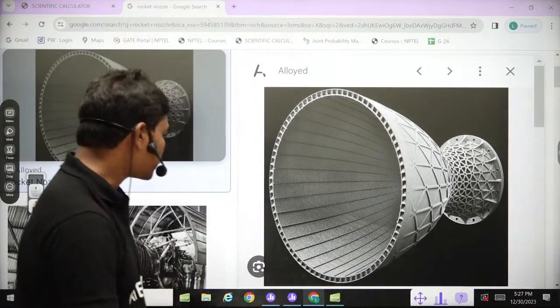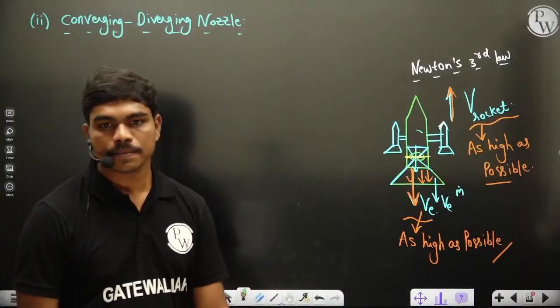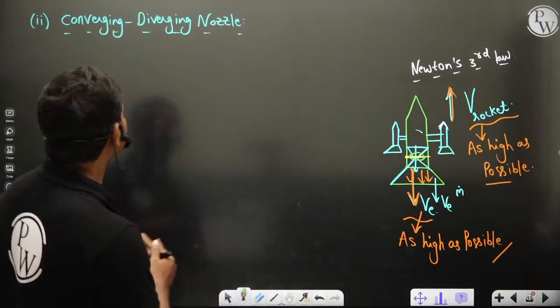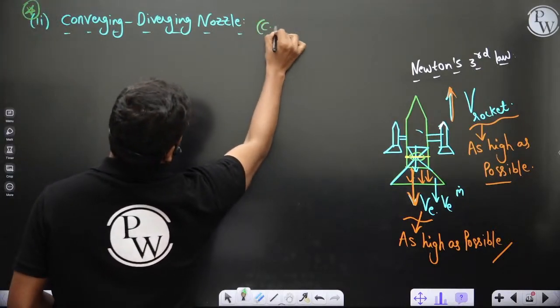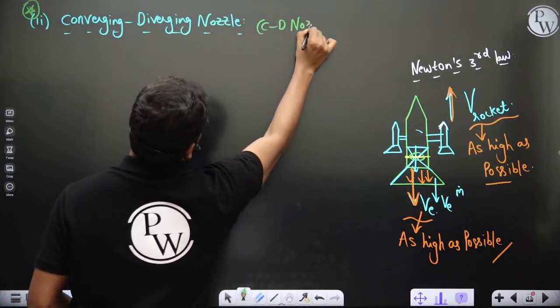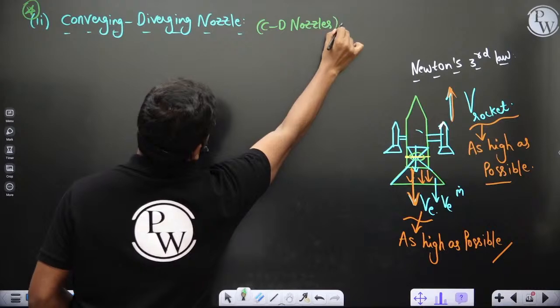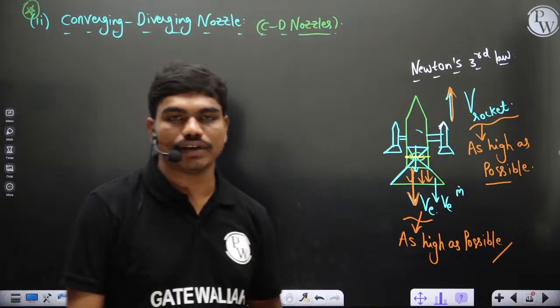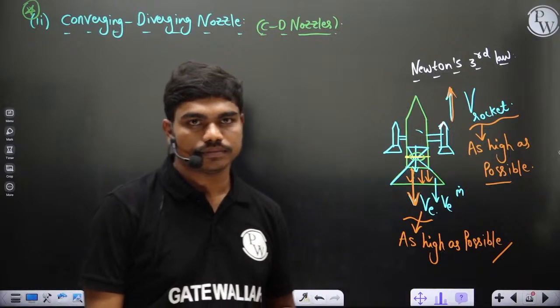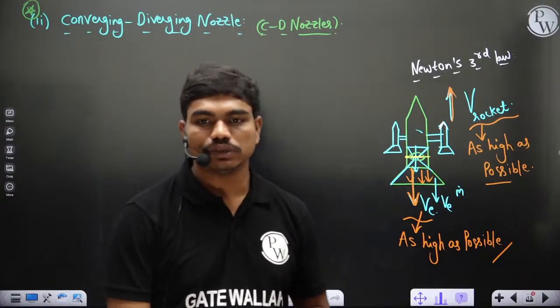Did you understand this? That's why we need this CD nozzle. Did you all understand the necessity of having a converging-diverging nozzle? Yes or no?